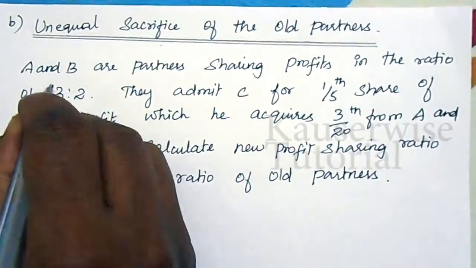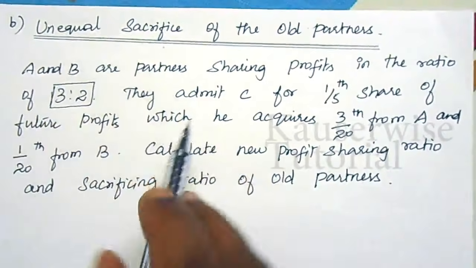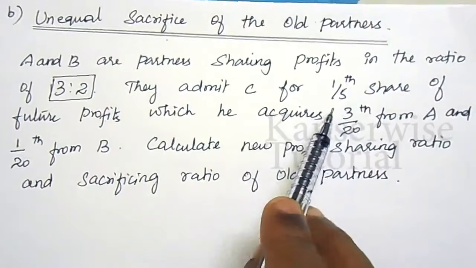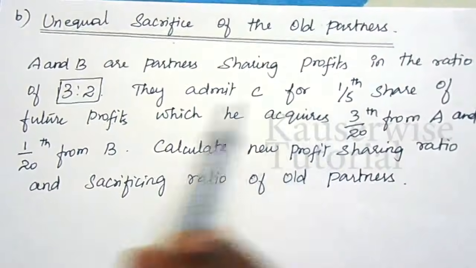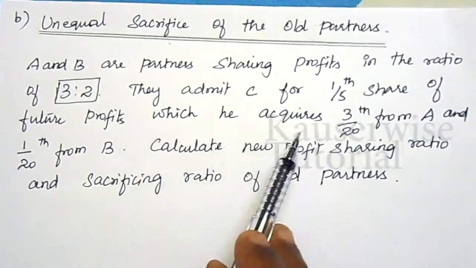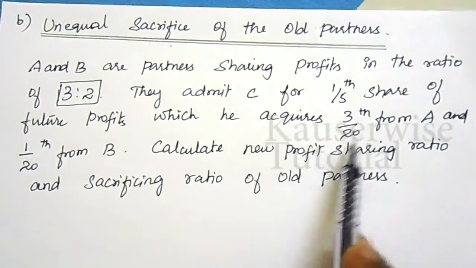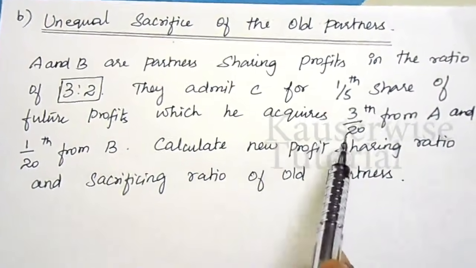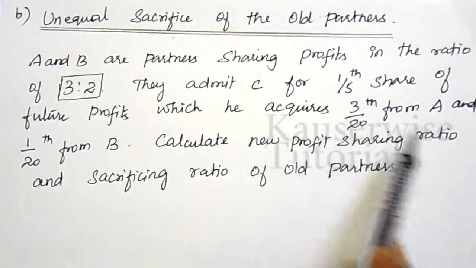This is the old ratio of old partners. They admit C for 1/5 share. That is, incoming partner share is given in the problem. So 1/5 share of future profit, which he acquires 3 by 20th from A and 1 by 20th from B.